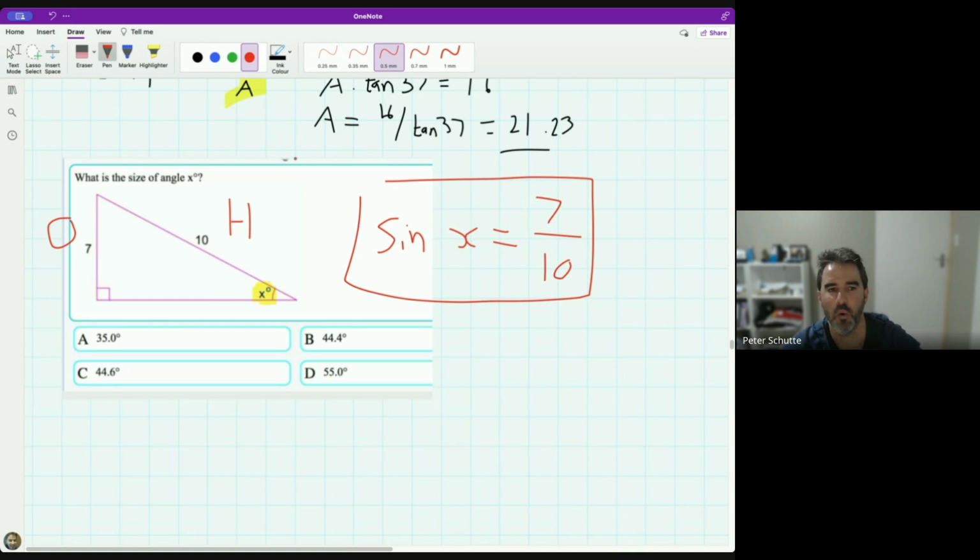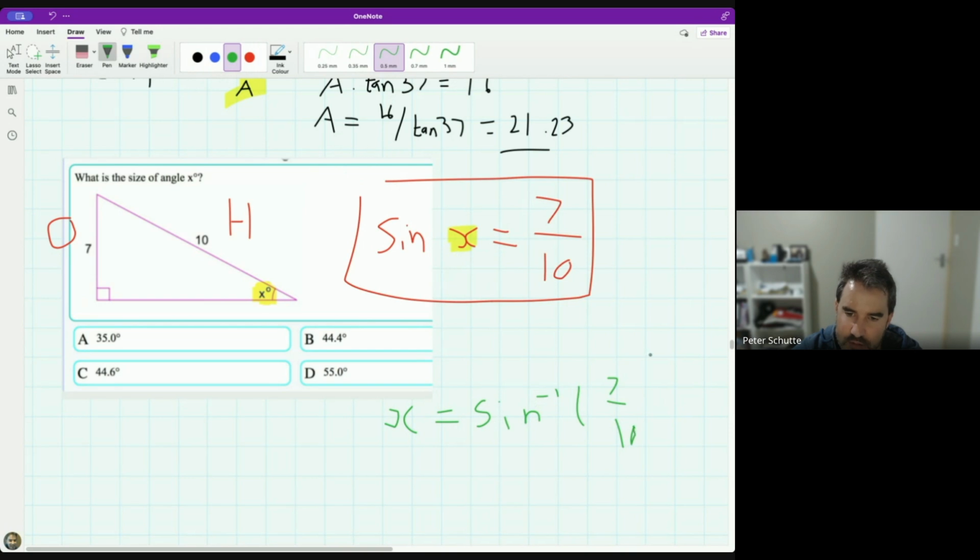But in order to get the size of this angle, we cannot use the normal sine function. We have to use the inverse sine function. And we apply the inverse sine function to both sides here. And ultimately what we're going to get is just x is equal to inverse sine of whatever the ratio was. And the ratio is 7 over 10.